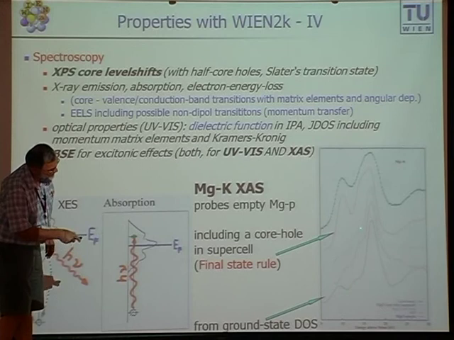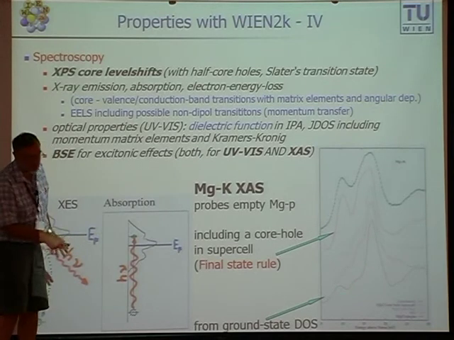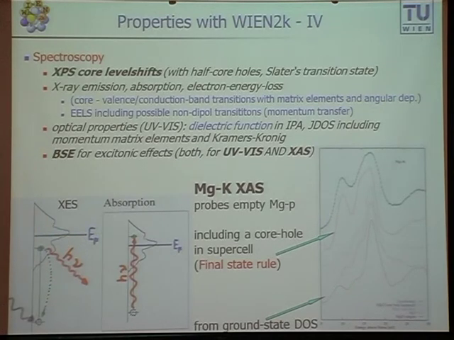Well, we find maybe a 2-peak structure, but the intensity ratio is very bad. Why is this? The ground state is very bad. We have to do what is called a core hole supercell calculation, and then get the spectrum looking like this, and that matches perfectly with the spectrum.